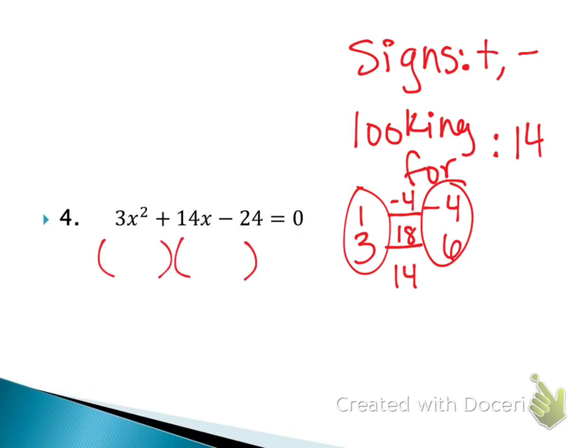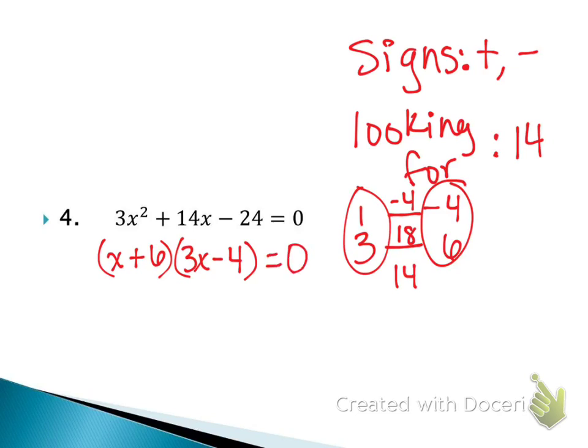What's going in the fronts of my parentheses? 1x and 3x. And then I have to fill in the backs. Good. Plus 6 and minus 4. That is all still set equal to 0.